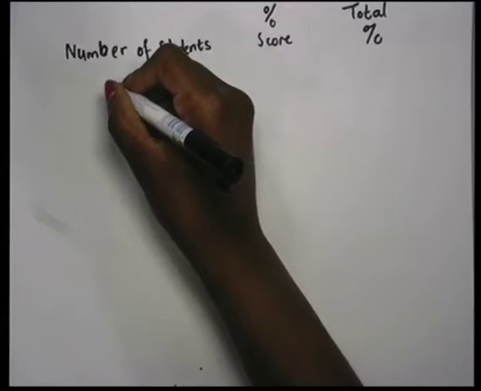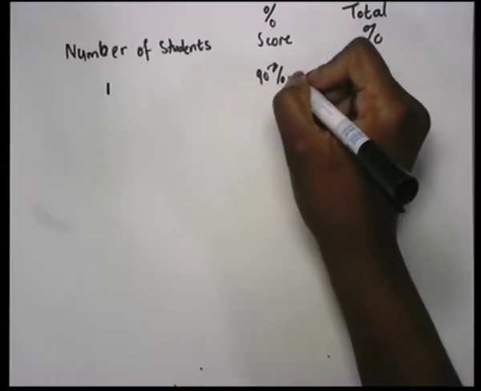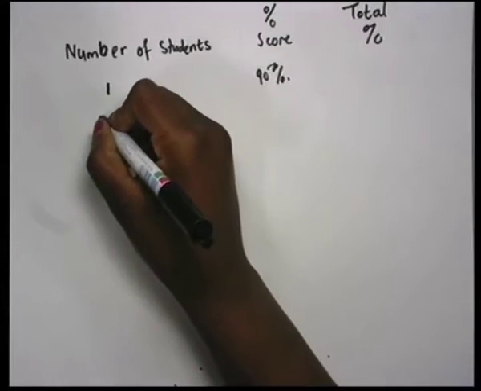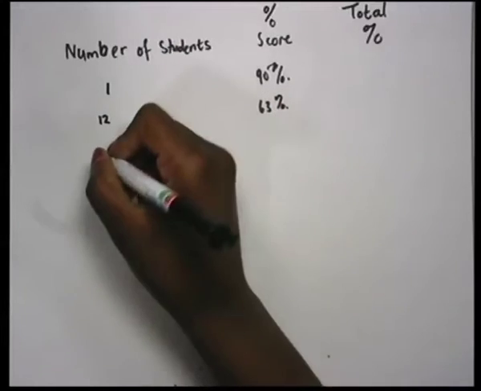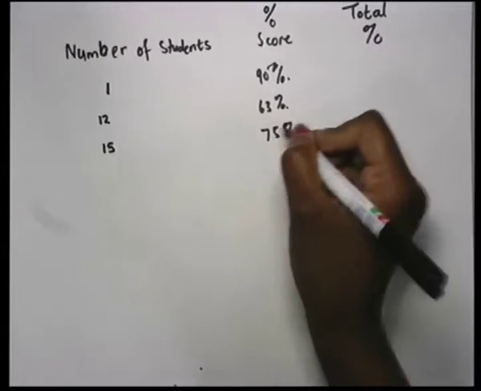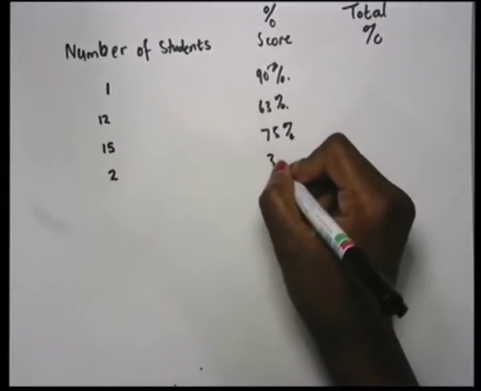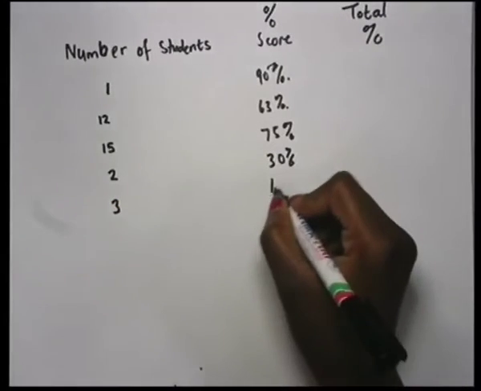One student scores 90%. 12 students score 63%. 15 students score 75%. 2 students score 30%. 3 students score 100%.